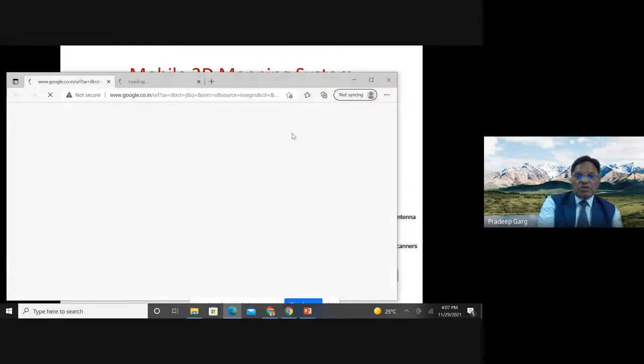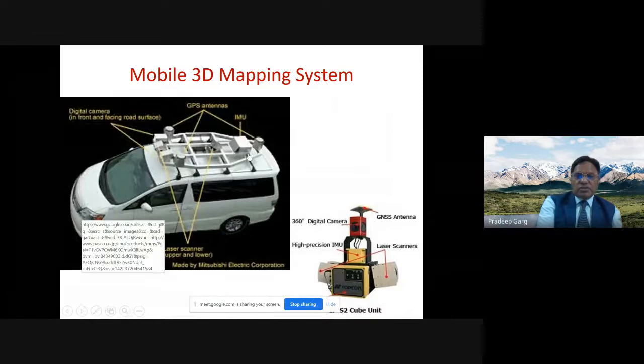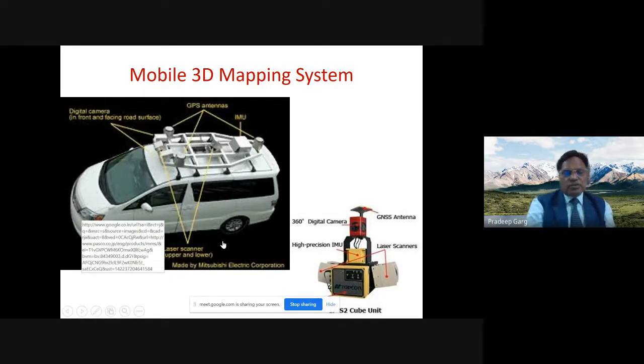One can see there are a lot of instruments fitted over there, and the whole idea of these instruments is to give you pictures as well as the coordinates, the location, because the location has become very important.